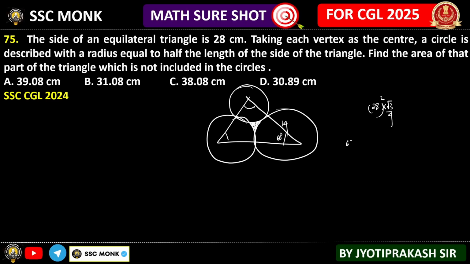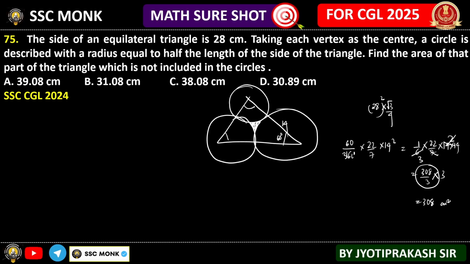So this is equal to 60 by 360 into pi r square, which is 1 by 6 into 22 by 7 into 14 into 14. 7 2s are 14, 2 3s are 6, so this is 14 into 2, 28, 308 by 3. This is the area of one circle, multiplied by 3, so the total area is 308 centimeter square.